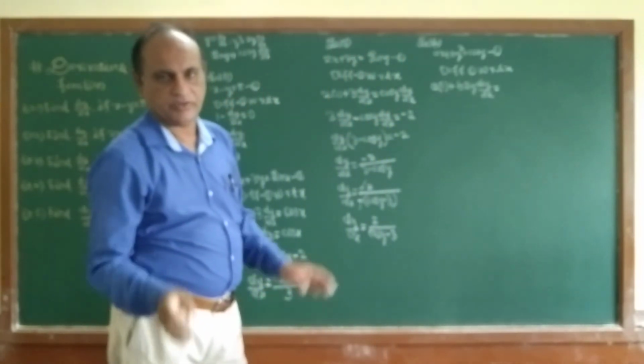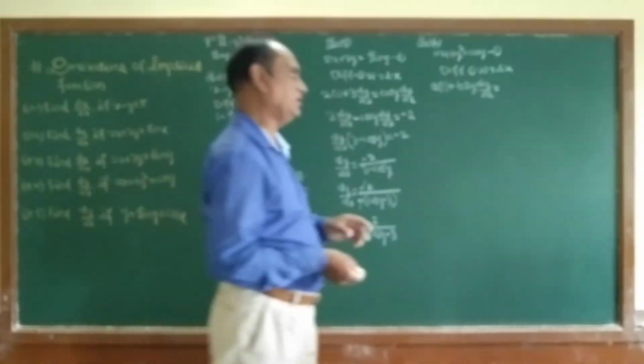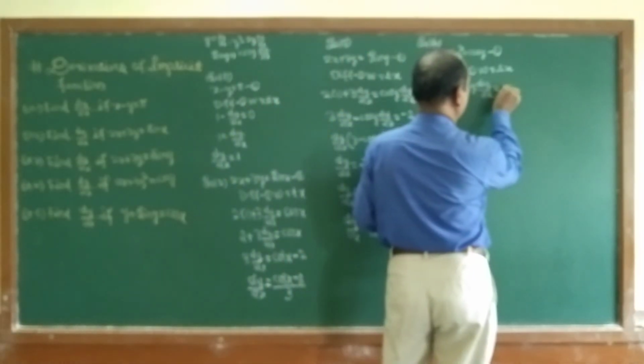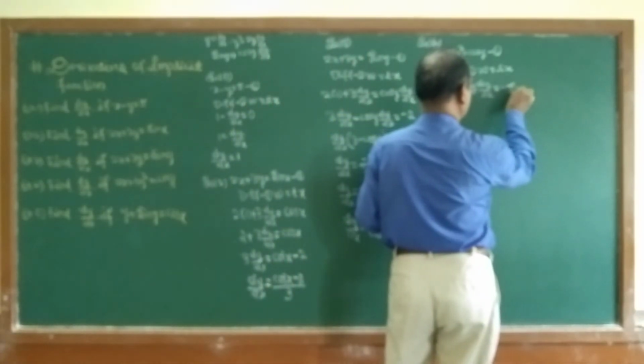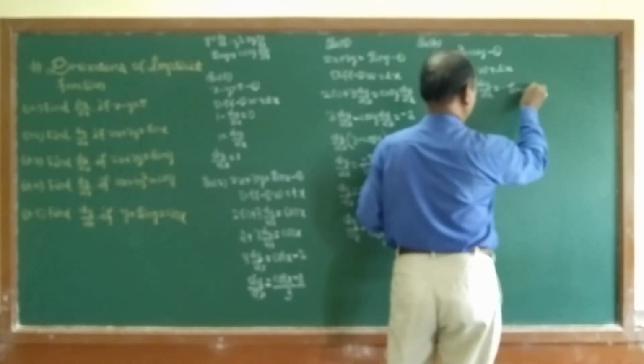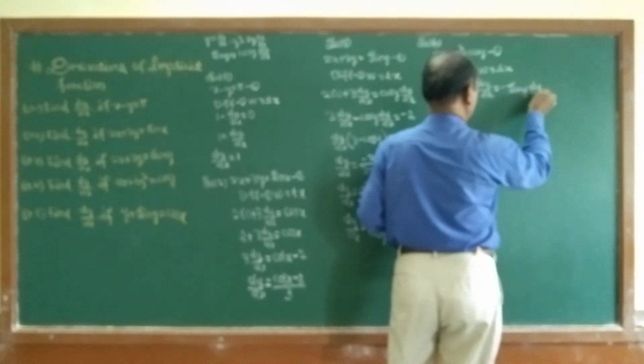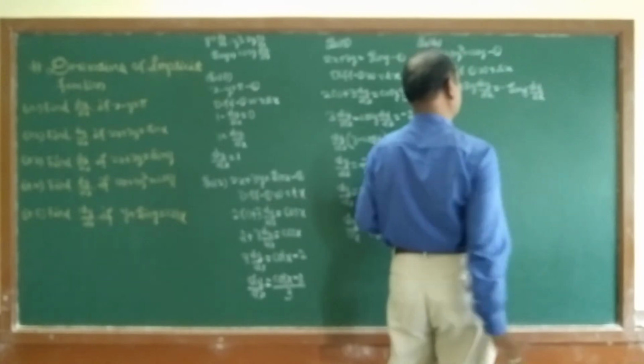The derivative of cos, from the list of formulas, is minus sin y, and again you have to write the derivative of y. The derivative of y means dy by dx.